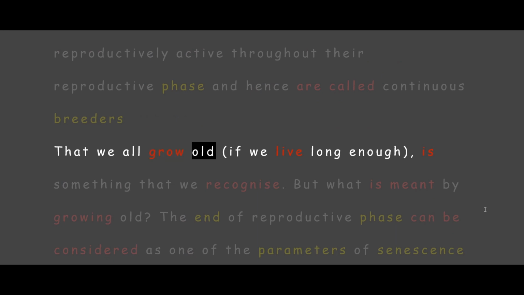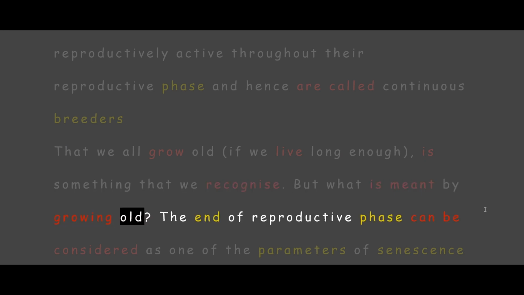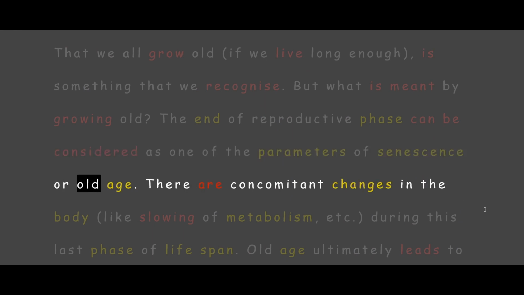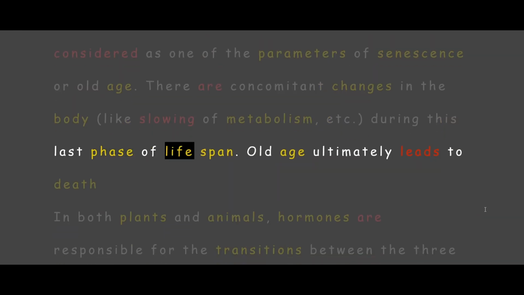That we all grow old, if we live long enough, is something that we recognize. But what is meant by growing old? The end of reproductive phase can be considered as one of the parameters of senescence or old age. There are concomitant changes in the body, like slowing of metabolism, etc., during this last phase of lifespan.